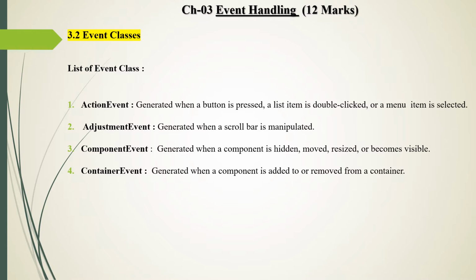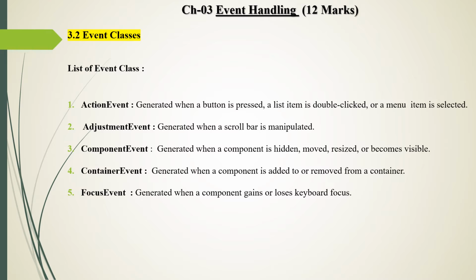Next type of event class is container event, which is generated when a component is added or removed from the container. So there are two reasons regarding container event: when any component is added in the container, or when any component is removed from the container, that time container event is generated.